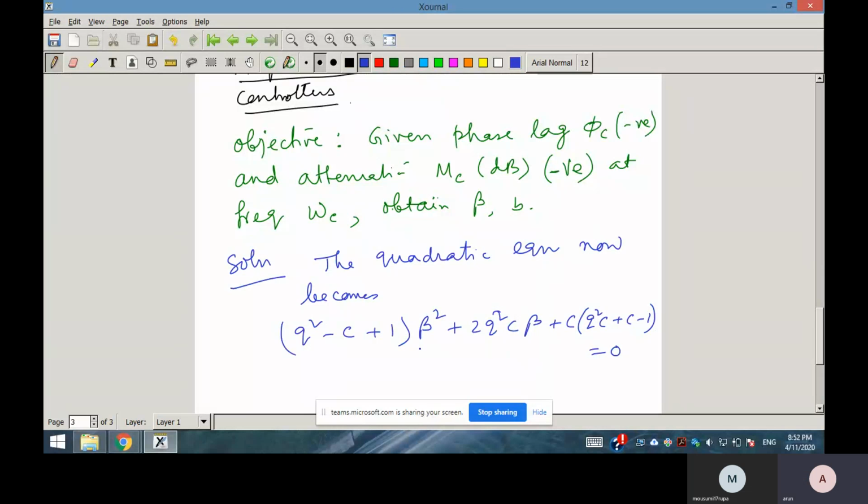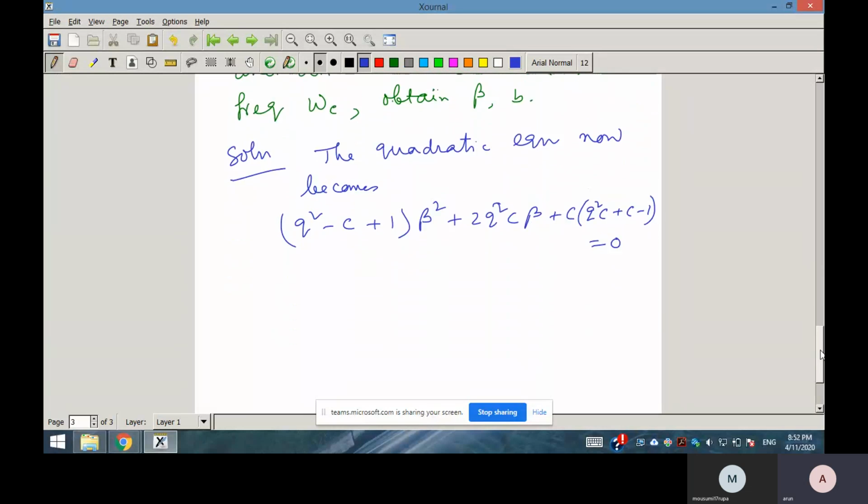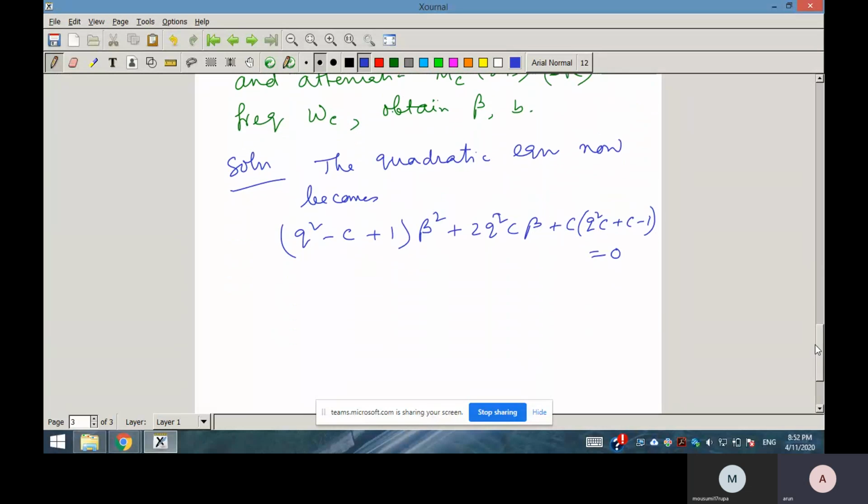So now, here also, we have to first guarantee what is the condition for a positive beta, because beta is positive but less than 1. So first we have to obtain a condition for the existence of beta greater than 0.